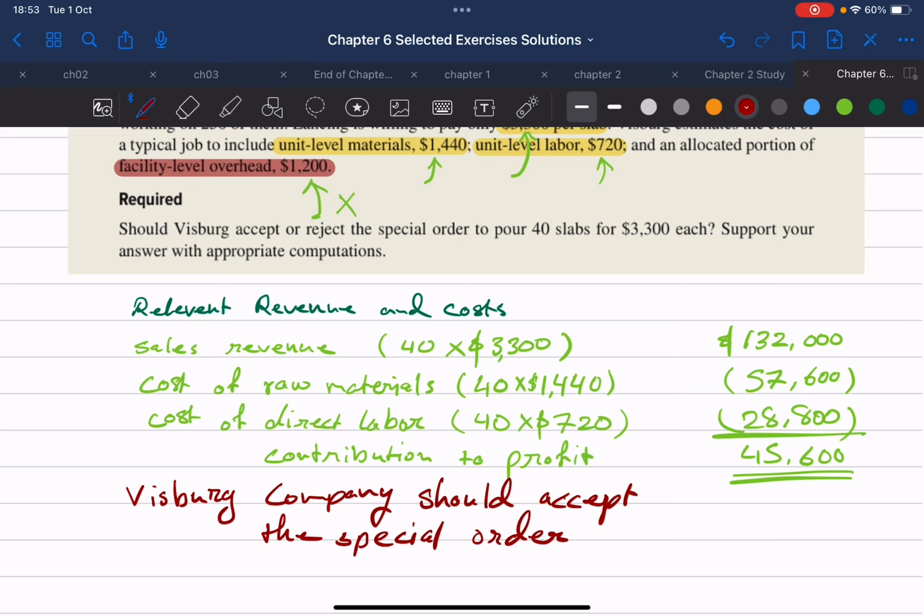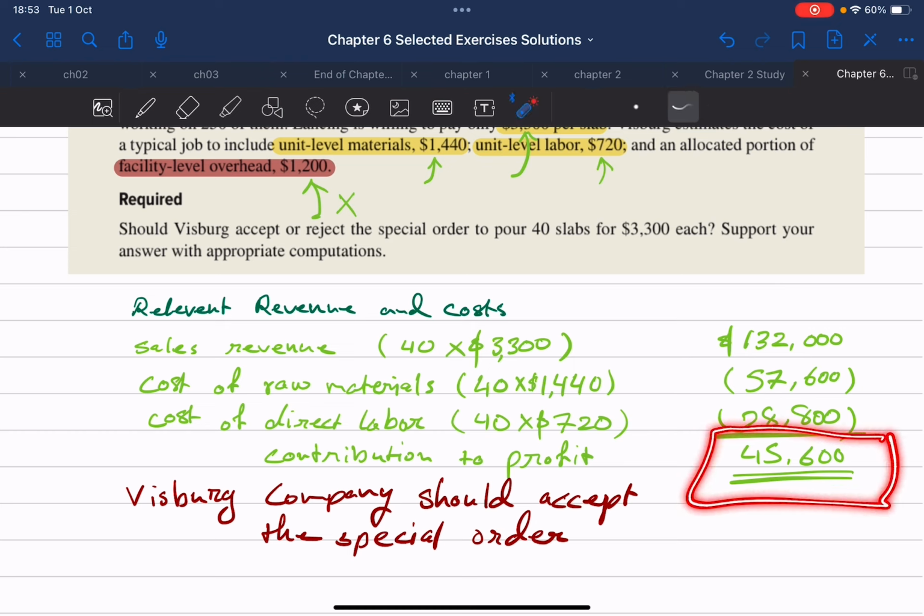And again, of course, this is just the quantitative consideration, right? So quantitatively speaking, since this special order is going to contribute to our profits, okay, with a positive amount of cash, quantitatively speaking, we should accept that offer. Now, the management team of Visberg might have other considerations.